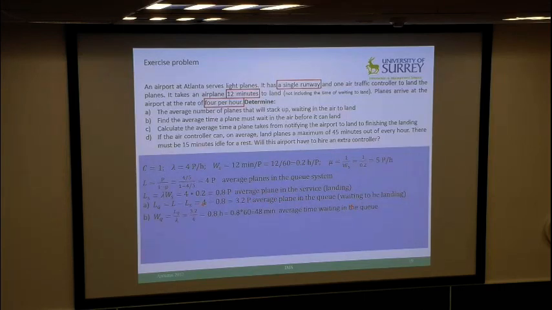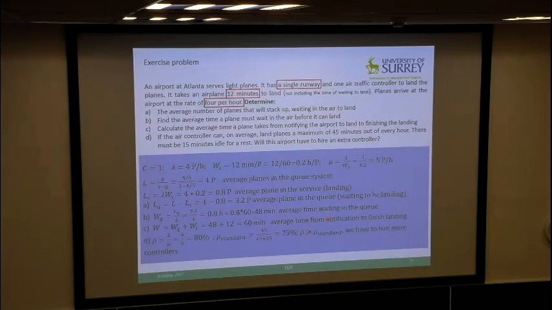Because we know Lq, we can easily calculate Lq divided by lambda. That's the average time waiting in a queue, 0.8 hours, roughly 48 minutes. If we know the waiting time and also the landing service time, we know on average the whole time from notification to finishing landing, the average total time a plane stays in the queuing system.